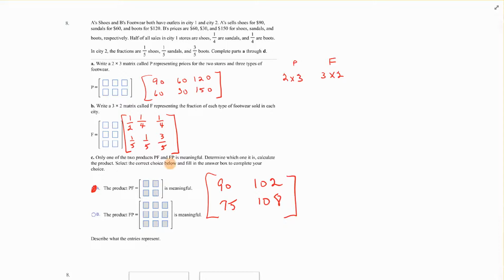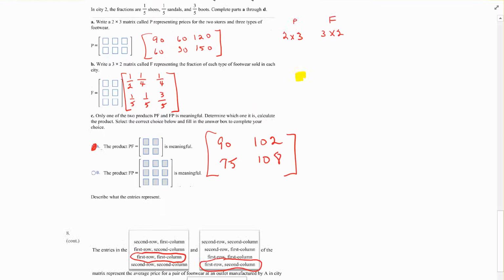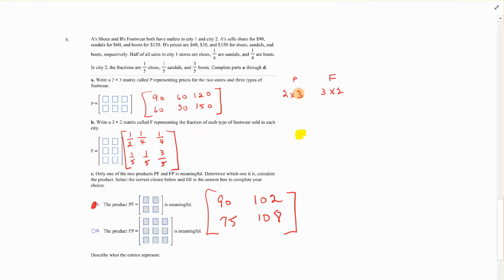Part C, only one of the 2 products, PF and FP, is meaningful. Determine which one it is. Calculate the product. All right, so if this is P and this is F, we see that we could multiply that one easily and get a 2 by 2 product.